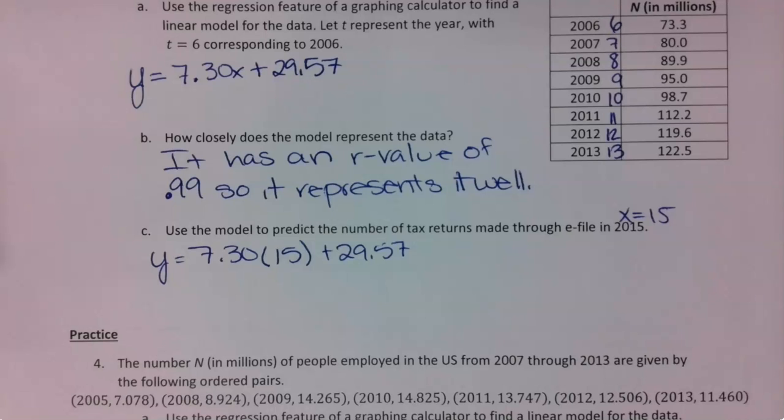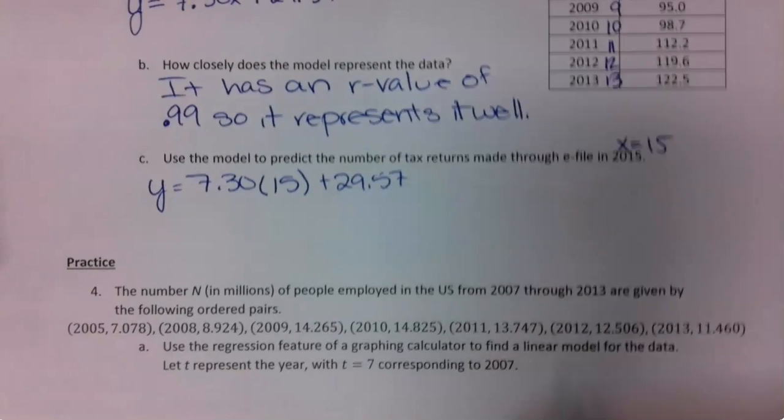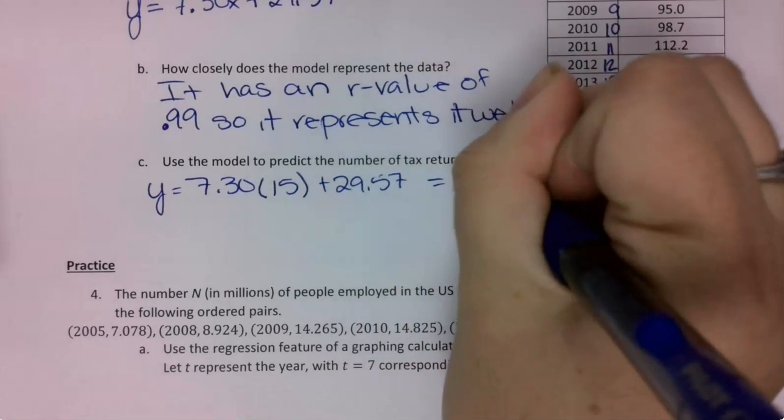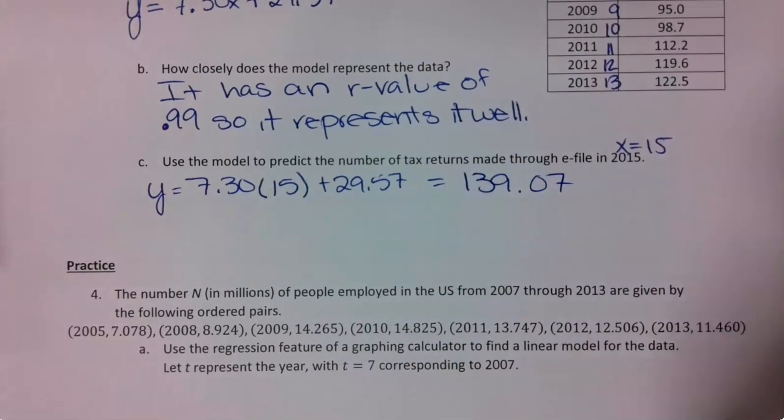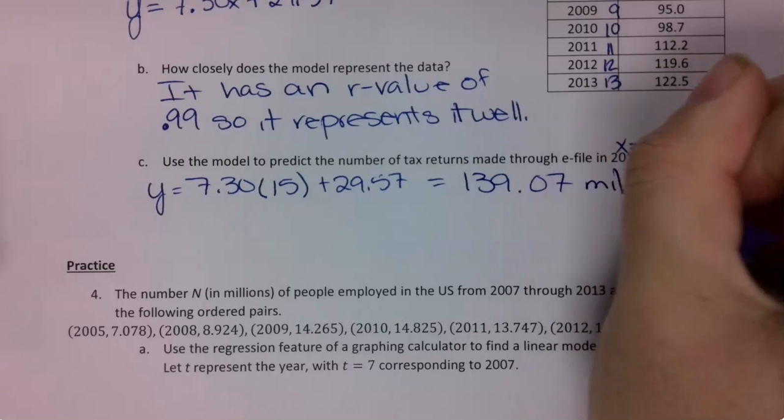What do you get? Okay, so remember this was measuring in millions. So I want to say million tax returns.